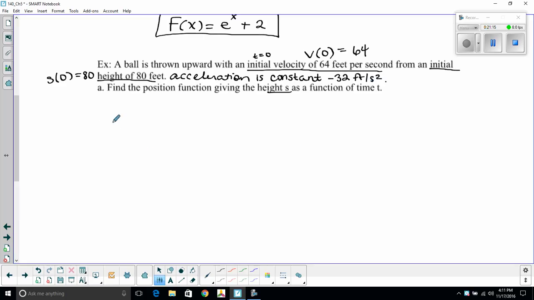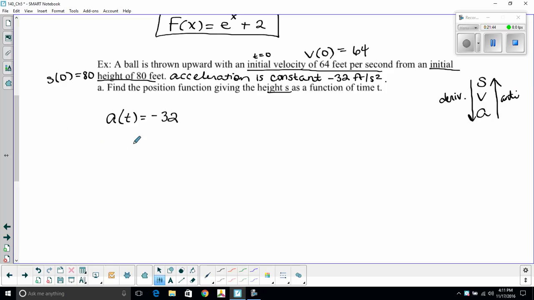So what this is saying is a of t is negative 32. Now if you think about it, it goes s, v, a. That way, the derivative of s is v, the derivative of v is a. So this would be a derivative. So this would be antiderivative.